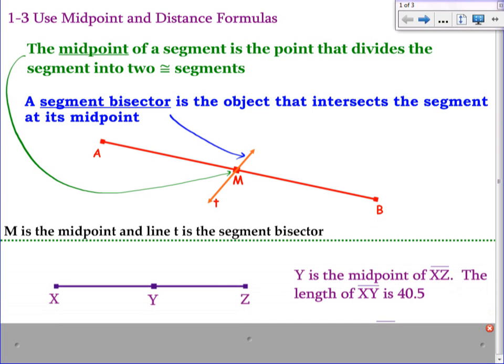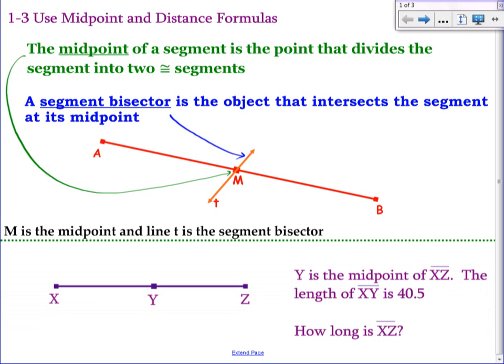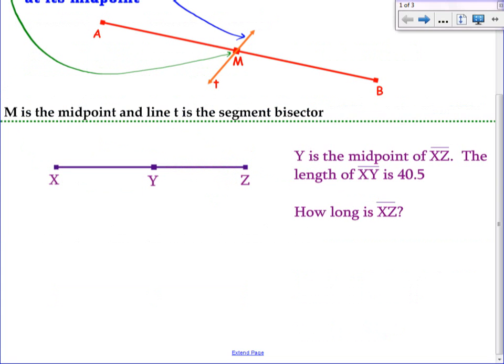Okay, so this is an example that you may see in the homework. It says, Y is the midpoint of XZ. So if Y is the midpoint, we know we have two equal parts. Here's the symbol that we use to show that two segments are the same. You put the same number of dashes on the segment. So you could have 3 dashes and 3 dashes, or 1 dash and 1 dash.